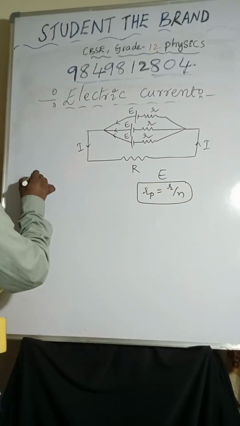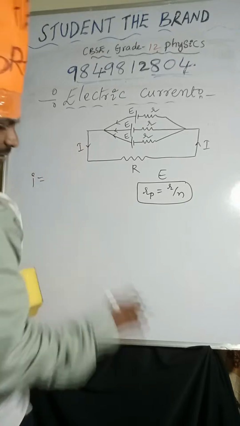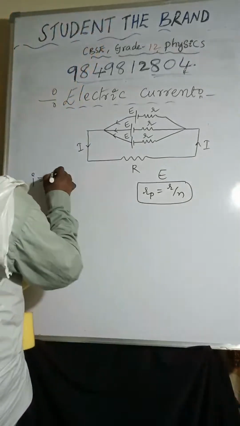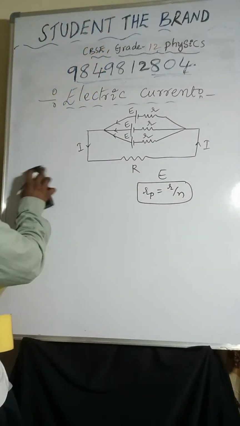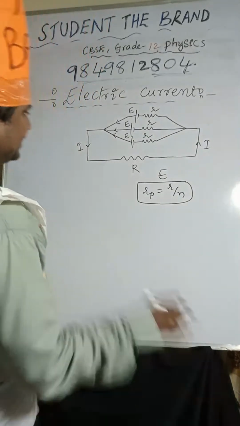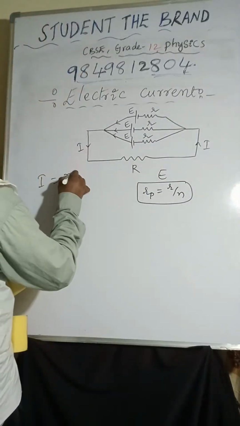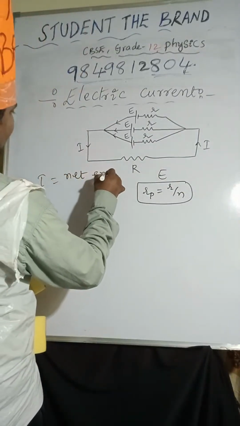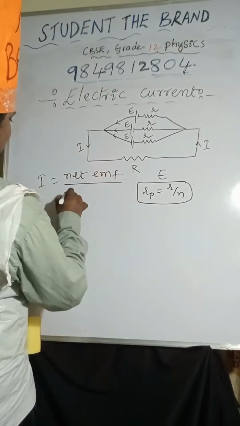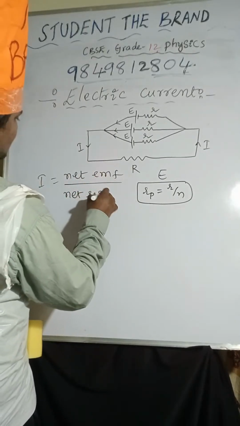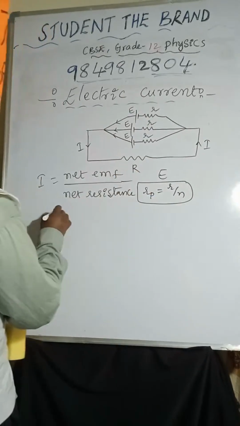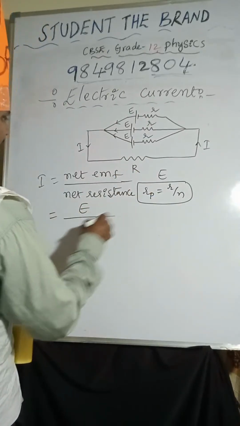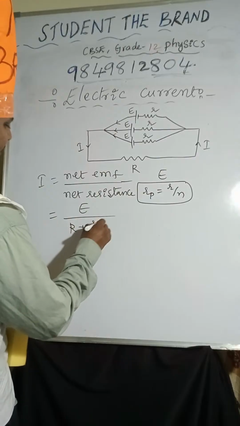Now I equals net EMF by net resistance. Net EMF is E and net resistance is R plus r/n.